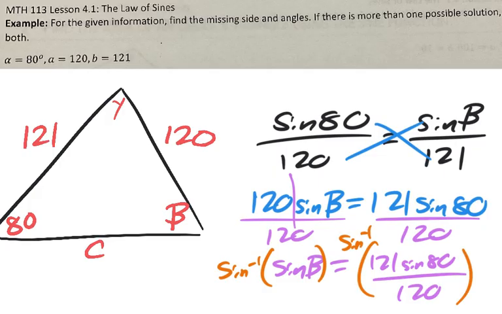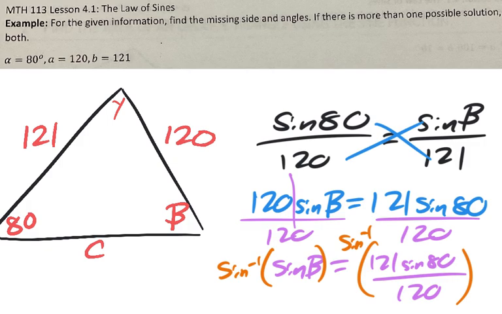So make sure your calculator is in degrees. You're going to type that out. Inverse sine of the fraction 121 sine 80 over 120. I don't think I checked it in degrees.